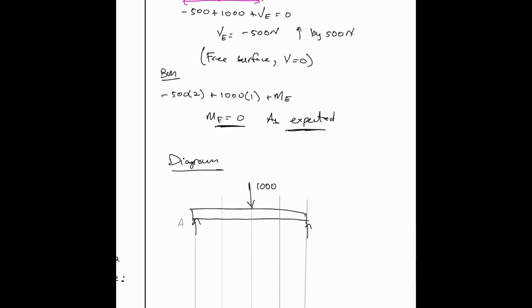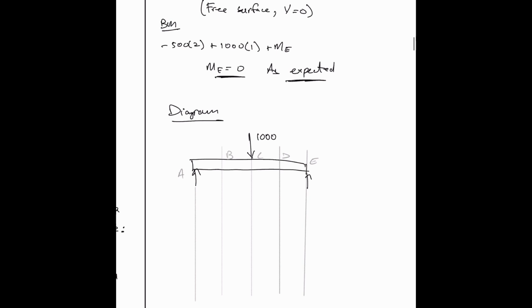So this is A, B, C, D, and E. And then you draw the axes. You're really drawing a graph: along the x-axis is your distance, the y-axis is your value. So the first one is shear force, V in newtons.